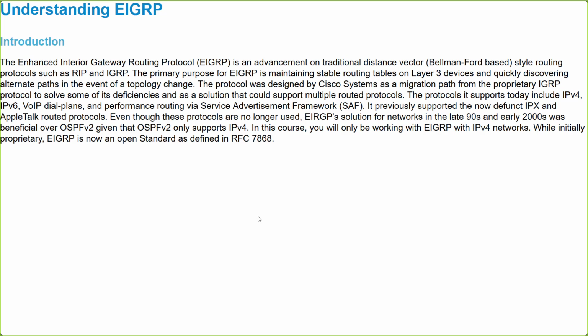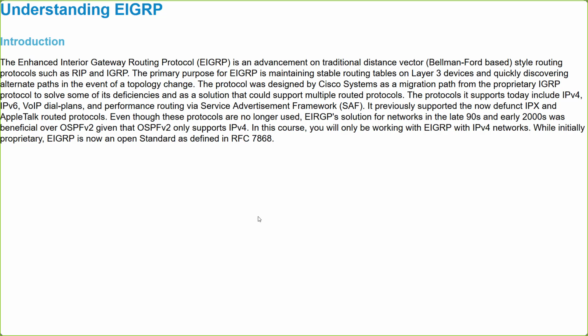You can go Google that and download that RFC and see what features are supported as public features in the public domain, if you will. So other vendors, if they choose, like Juniper and HP and whatnot, can choose to implement EIGRP on their platforms with the code that Cisco's released for open use.